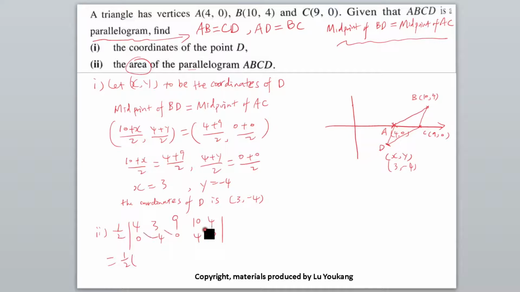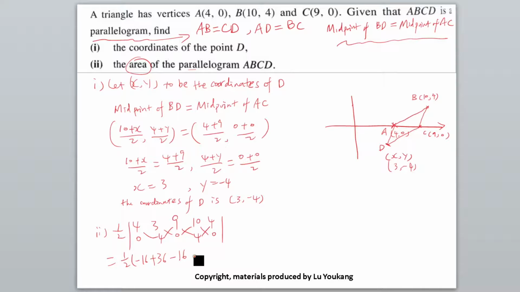Okay, and then you add up all these multiplication first. So 4 times 4, you get 16. Oh no, it's 4 times minus 4, therefore you get minus 16, and then you plus 3 times 0 is 0, and then you plus 9 times 4 equals 36.